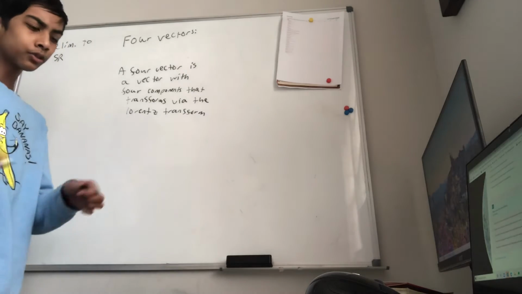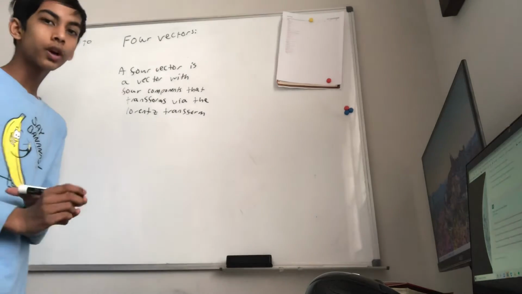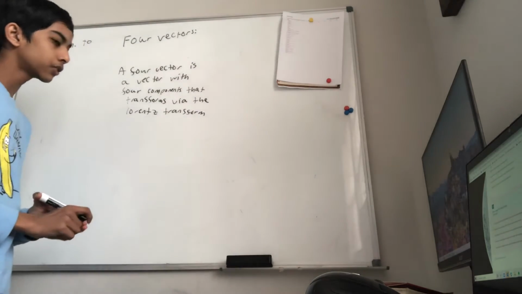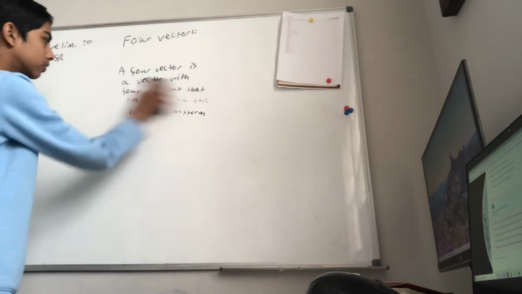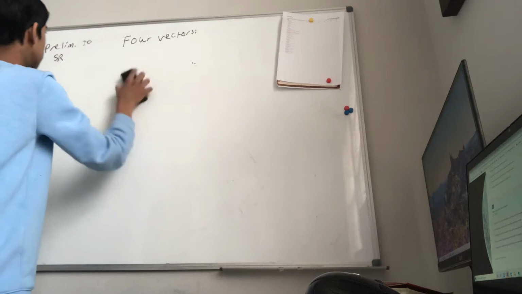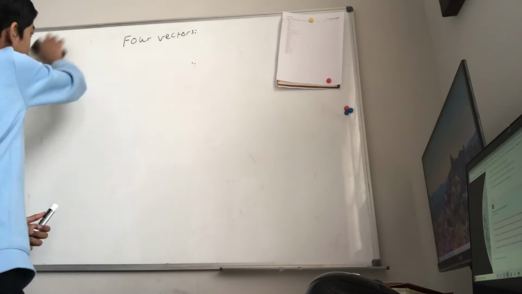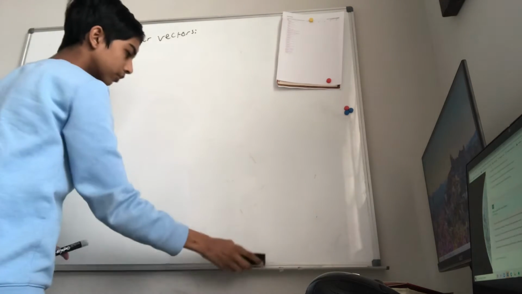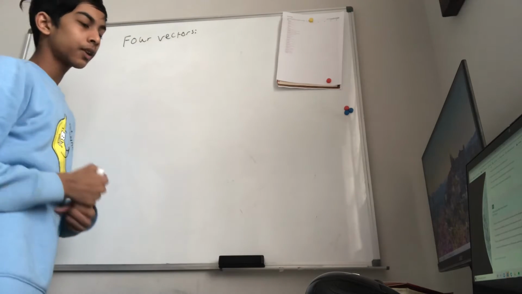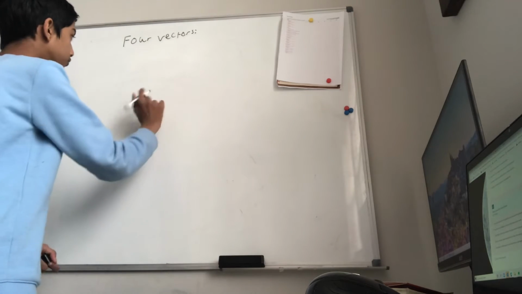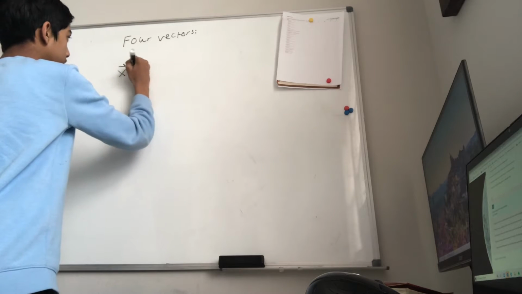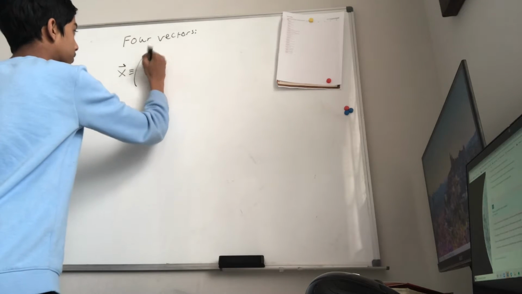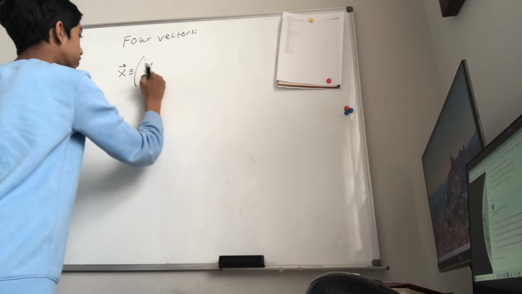So how exactly would you write a 4 vector, and how does it differ from the normal 3 vectors we see in classical mechanics? Well, the difference is that, usually with 3 vectors, you can always define some vector, let's call it x, which is defined as x1, x2, x3.